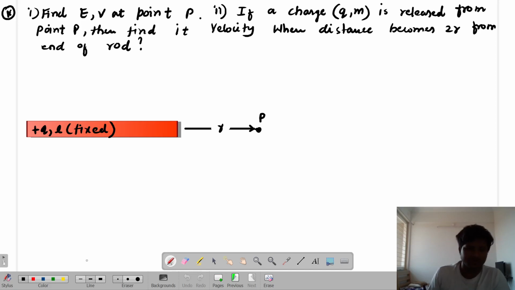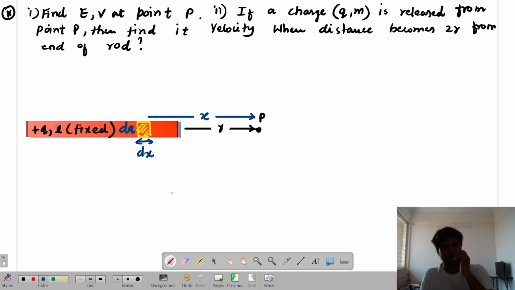So look over here, I'll show you how to do it. Just consider a small charge in this. Right or not? It has a charge amount dq and a length dx, a small length, and it is located at distance x from point P. So due to dq, I'll have a small electric field.